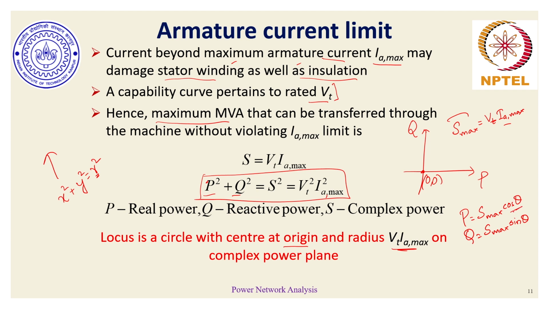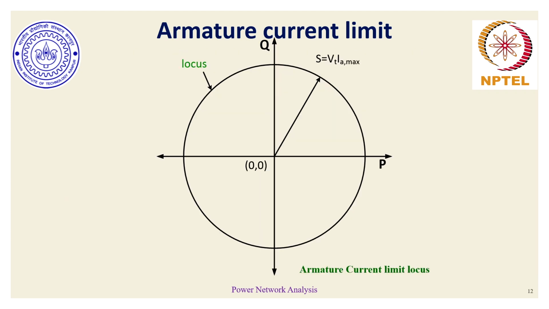So is there a way to mark this load angle or impedance angle on this PQ plane? Yes. If we focus on the radius, which is Vt Ia max, and this angle is theta, the impedance angle, the cosine component of this radius is the real power part, and the corresponding sine component is the reactive power part. So this representation of theta is nothing but the impedance angle, which is what is shown over here.